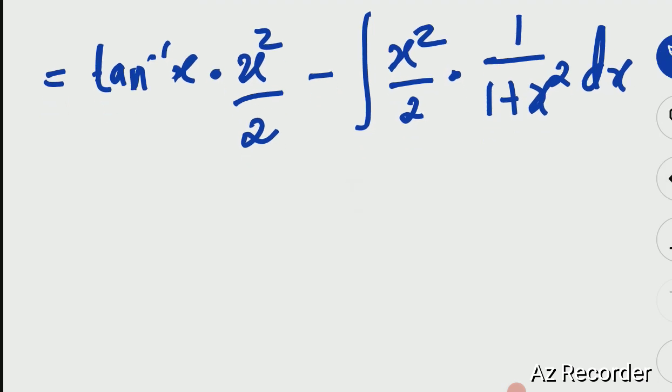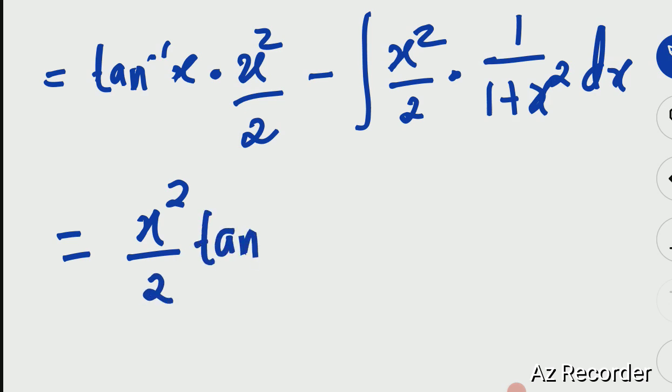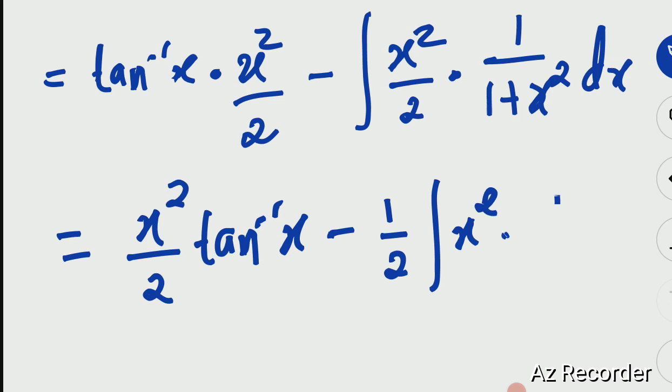From here we're going to have x squared on 2 tan inverse of x minus, I can factor out this half. If you factor out this half, you'll be left with 1 on 2 integral of x squared times 1 on 1 plus x squared dx.